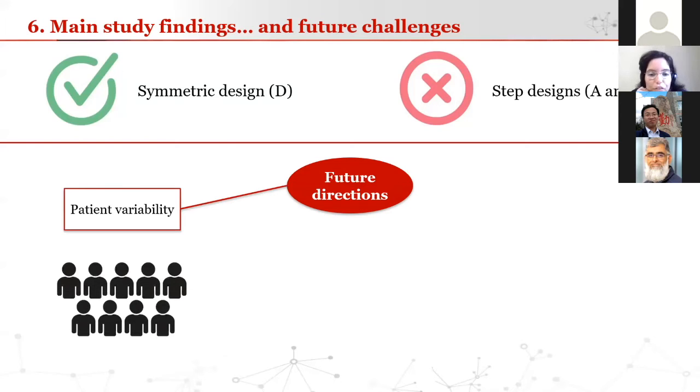The first one would be to take into account patient variability. In this study, we just focused on a generic right atrium geometry. However, no two patients have the same right atrium, and therefore it is important to see how different right atrium geometries will affect the performance of these catheters.